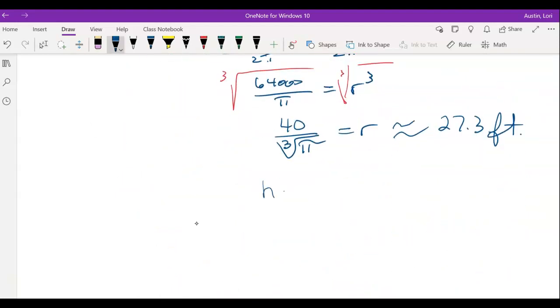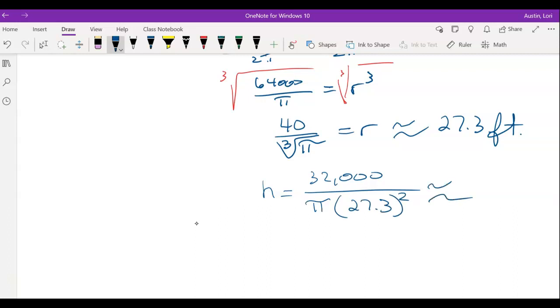So height divided by pi, you just got to estimate that.